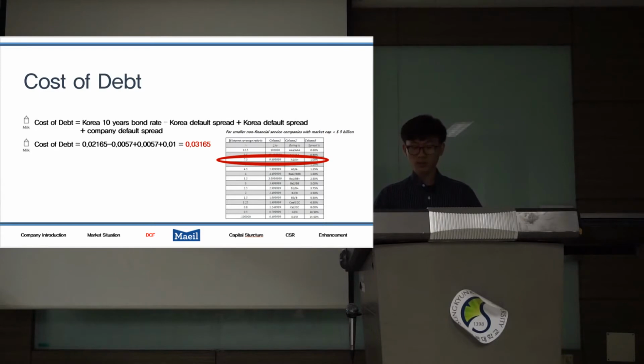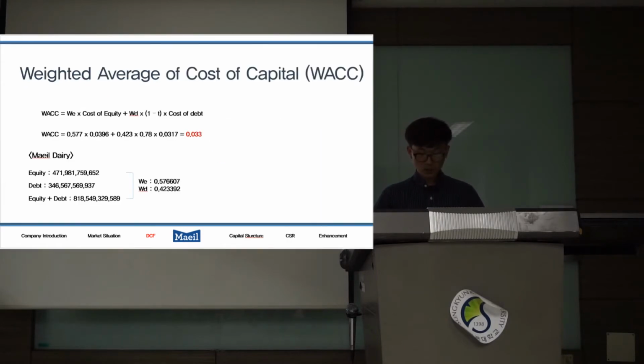So the cost of debt is about 3.1%. Now we can calculate the WACC. Maeil's market cap in late 2016 was about 470 billion won, and the debt was about 346 billion won. So we finally got a WACC of 3.3%.